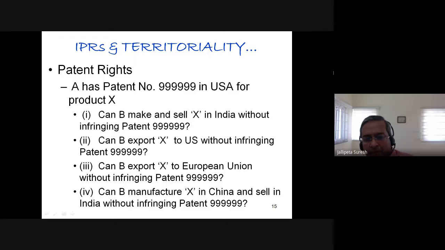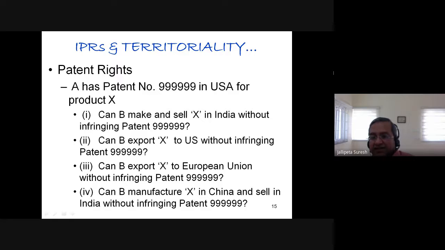Now, let's look at patent rights. Say, for example, A has a patent in the United States. I have a list of questions here to answer. Let us try and answer these questions. Can B make and sell X in India without infringing that patent?